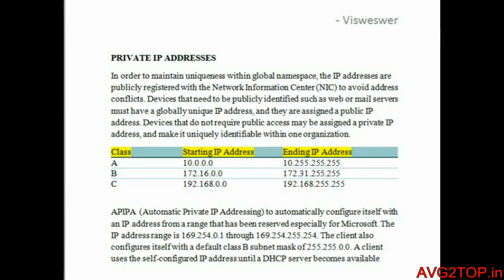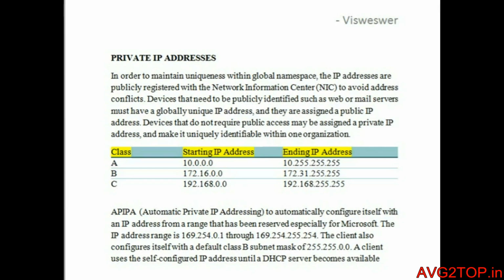If the server fails to give an IP address, in order to communicate with that device, it assigns an automatic private IP address that has a range of 169.254.0.1 to 169.254.255.254, and it also has a subnet mask of 255.255.0.0.